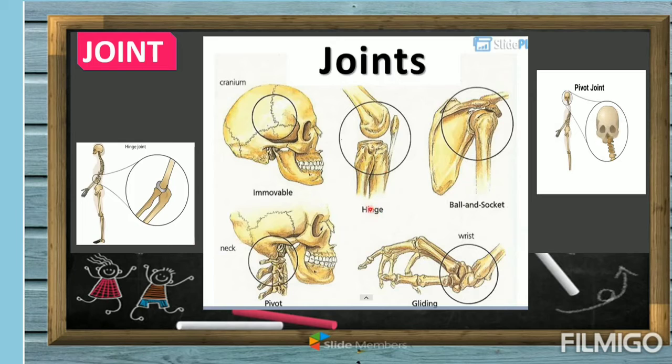We have our hinge, our ball and socket found in our shoulder, then our pivot joints between our neck and the skull, and our wrist, so you can glide your wrist. So these are examples of movable and immovable joints.